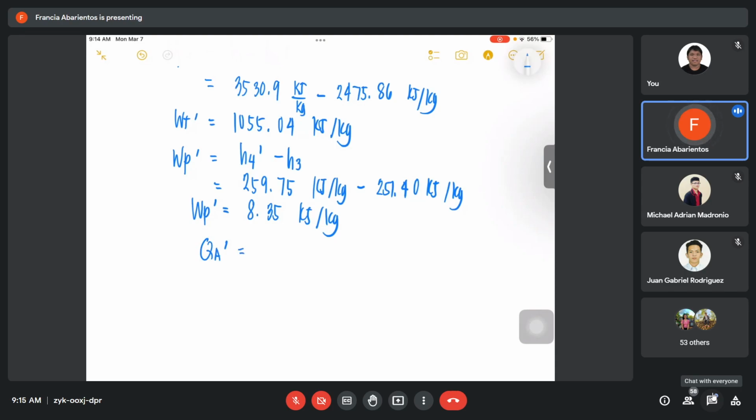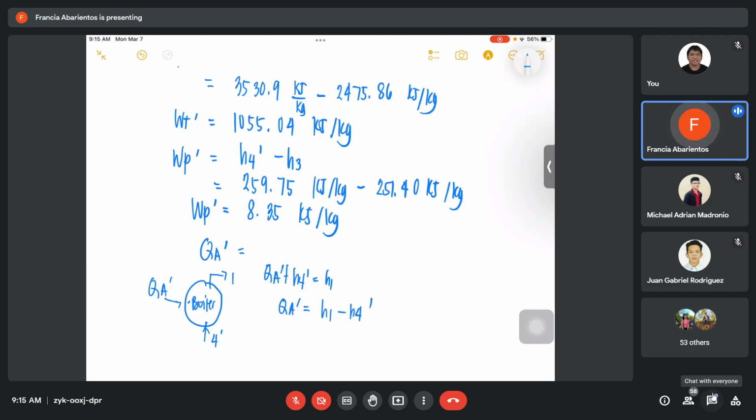Okay, so boiler class. Yung boiler natin entering is 4 prime now and 1. Heat added, H1 actual, H1 minus H4.